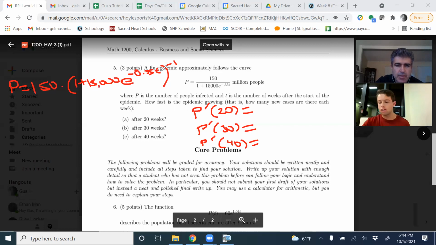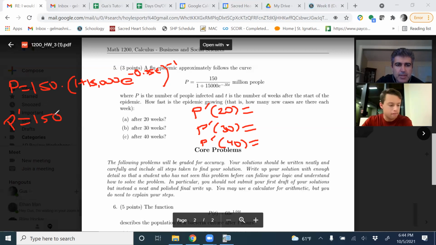So it's 150 times the entire denominator. So the bottom just gets raised to the -1 power. Then we do the derivative. Wait, is that 1 plus 15,000? Yeah, I'm just copying what I saw in the denominator. I didn't do anything special. I just raised it to the -1 power.